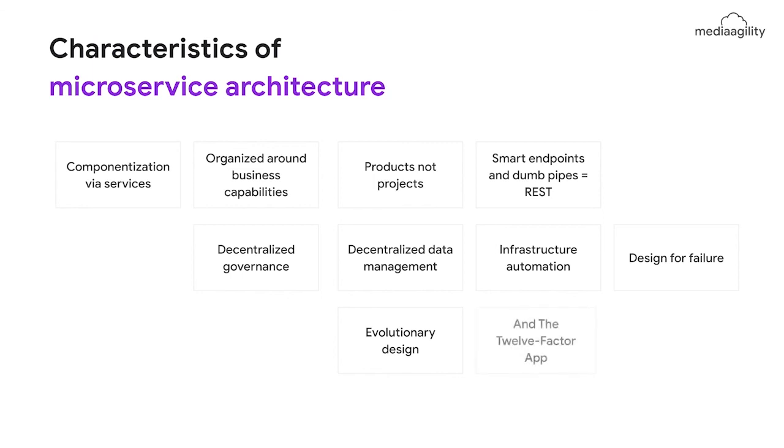And then the last is you can always refer to the 12-factor app guide, which gives you the steps that you should consider when defining a microservice. For example, what goes in your code, and you should design for scaling also. So always refer to the 12-factor app guide when you are building a microservice.